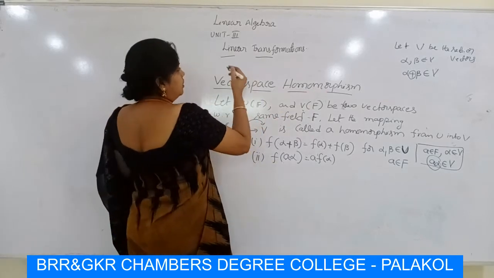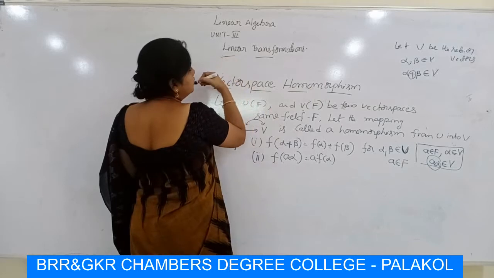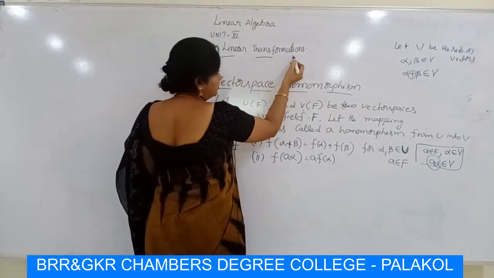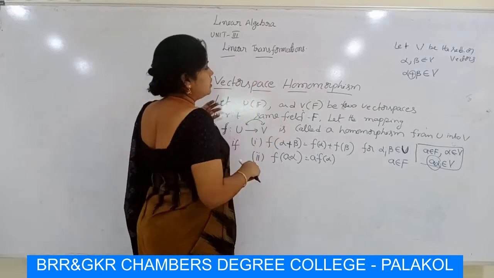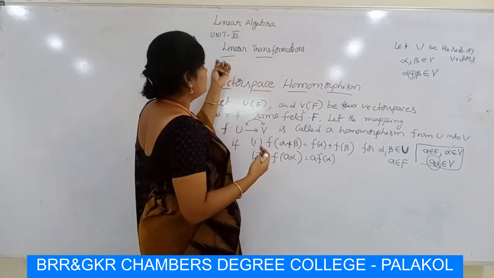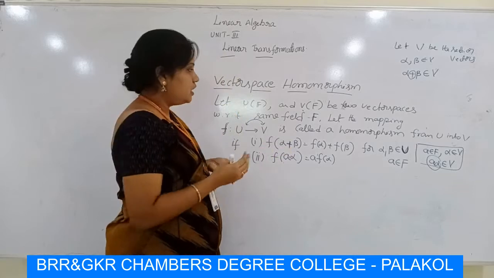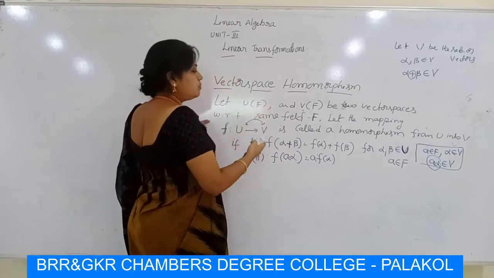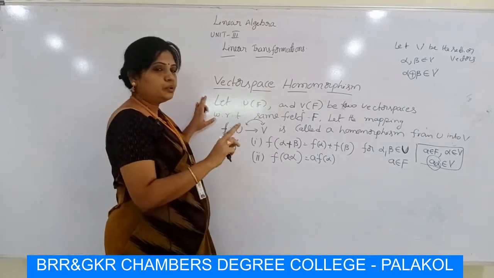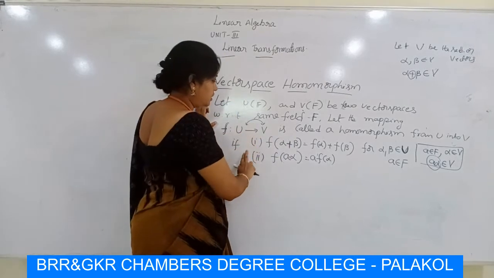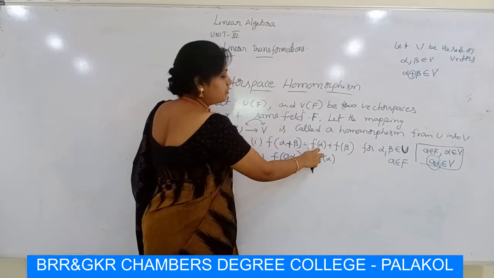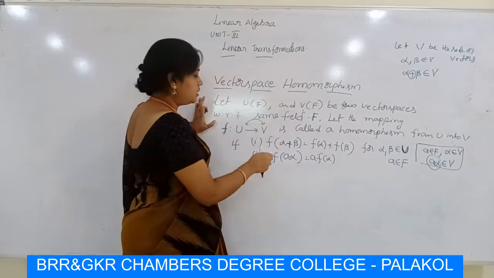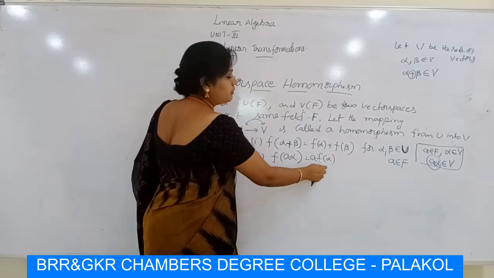Now our topic is linear transformations. There is a relation between vector space homomorphism and linear transformation, because vector space homomorphism has two conditions: f of alpha plus beta is equal to f of alpha plus f of beta, and f of a alpha is equal to a into f of alpha.